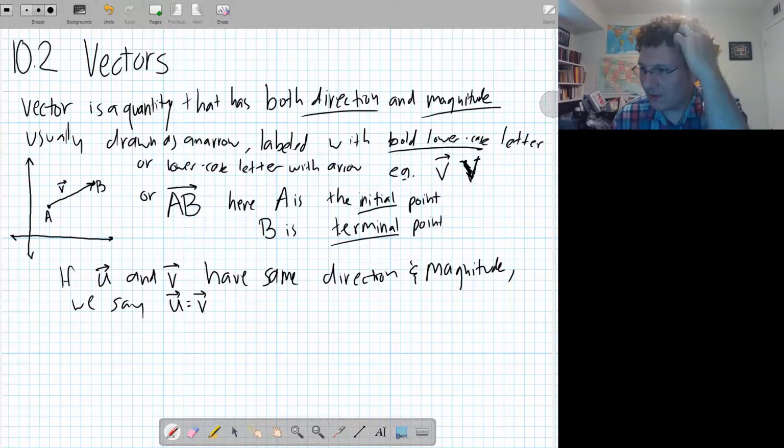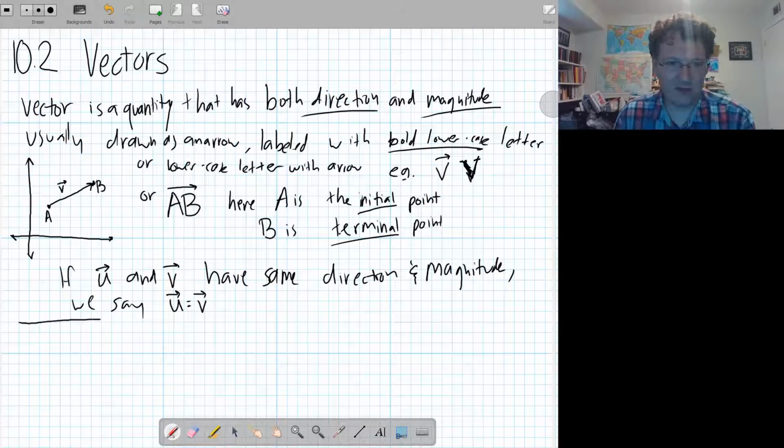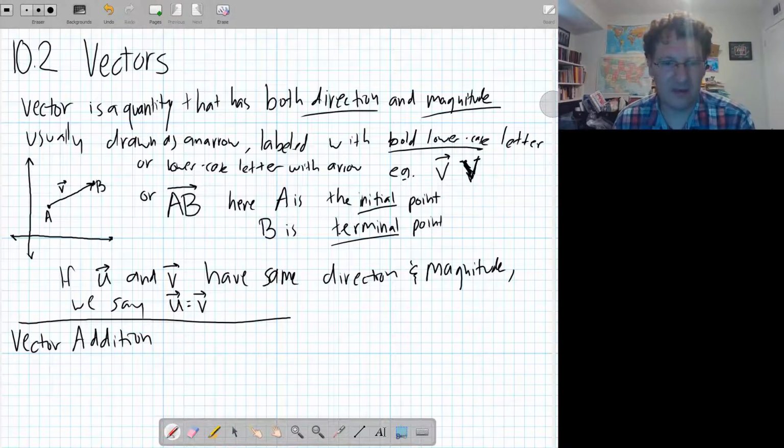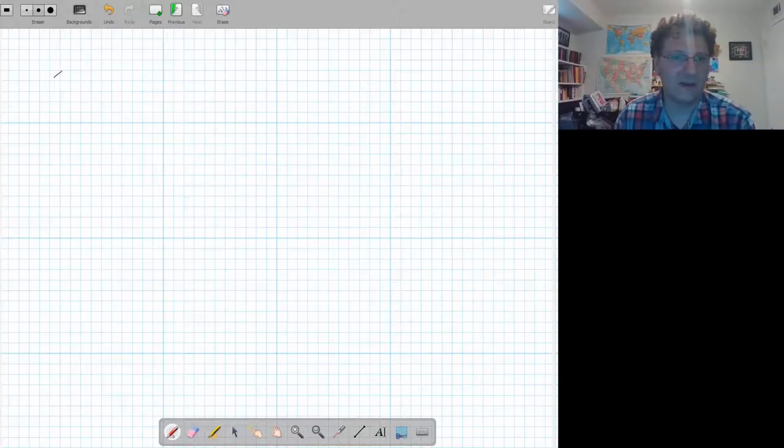So the way we deal with vector addition, let's do it on a fresh page.